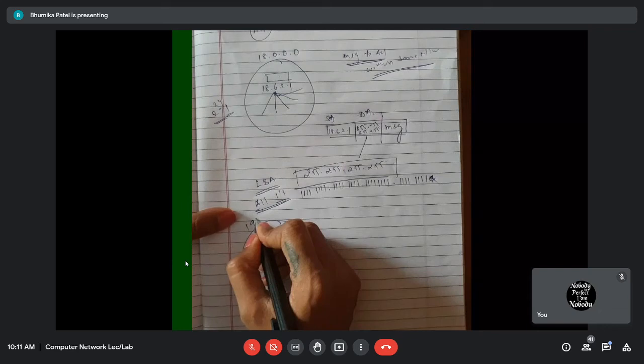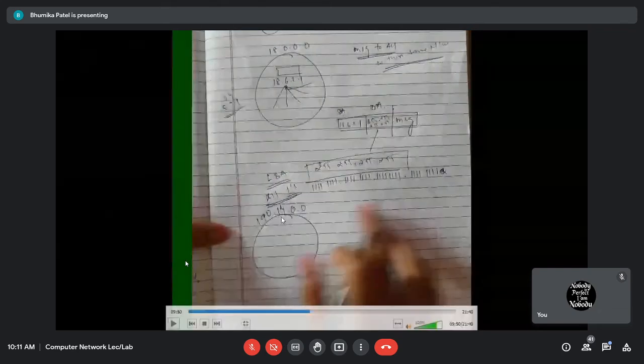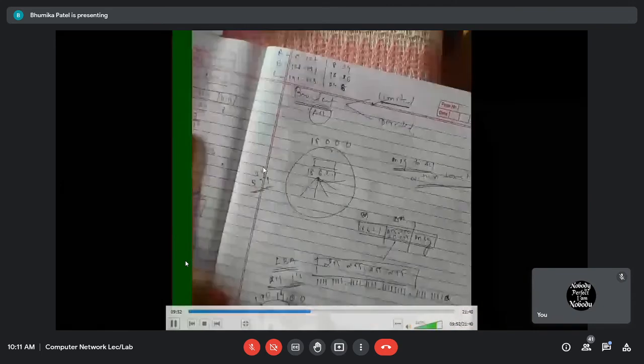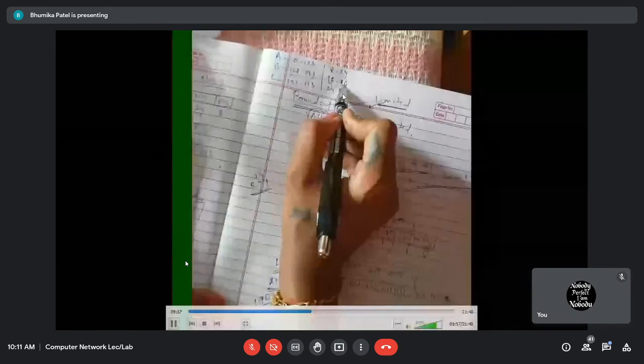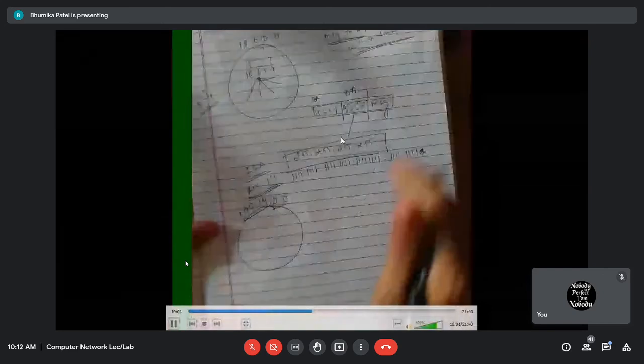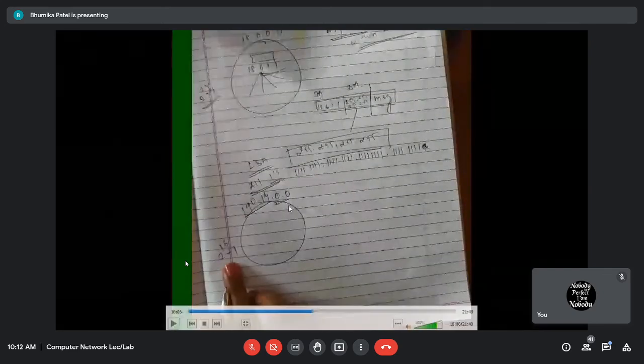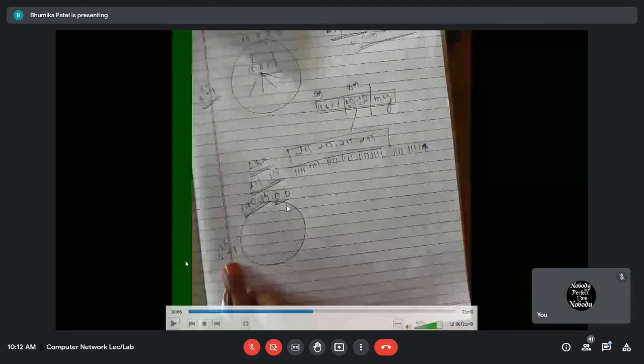This can be anything, and for example this network ID is 190.14. So the first 16 bits will be as it is and the last 16 bits will be 0. So we are going to have 2 raised to 16 minus 1 devices, because the first IP address is already used. That's why it is minus 1.